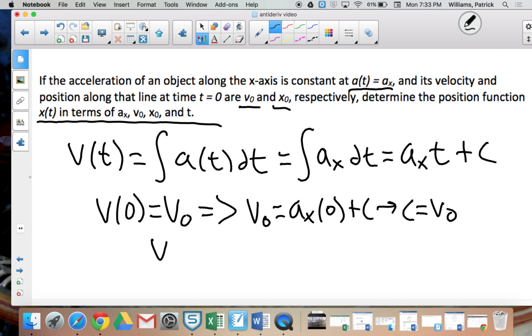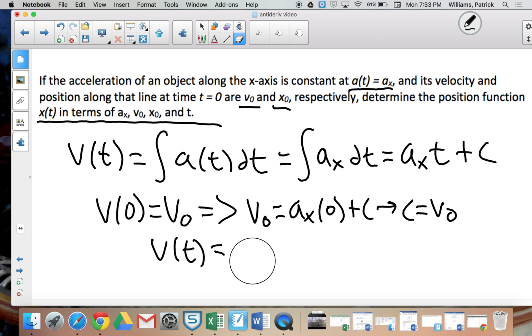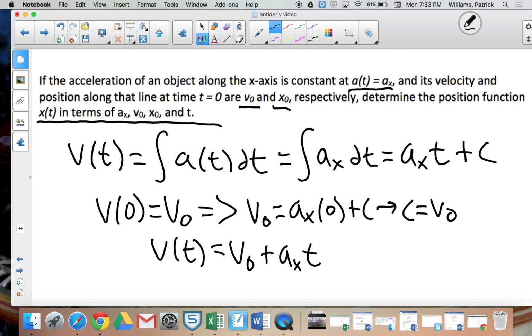So therefore, our velocity function is given by a_x t, or actually let me write it this way so it'll look a little bit more familiar to people who are currently in AP Physics. This will be v naught plus a sub x t. So people in AP Physics, this should look like a familiar equation.